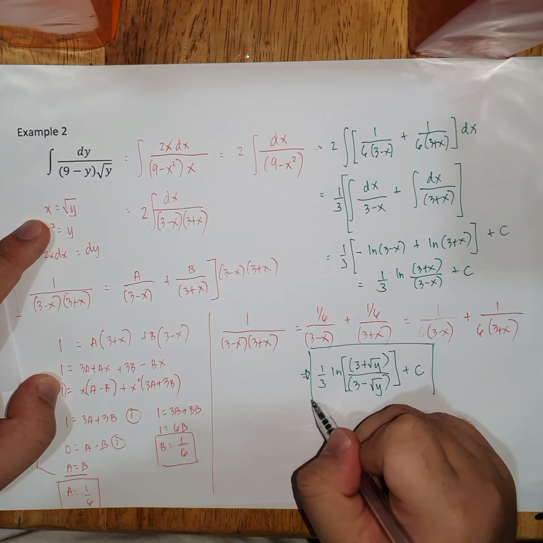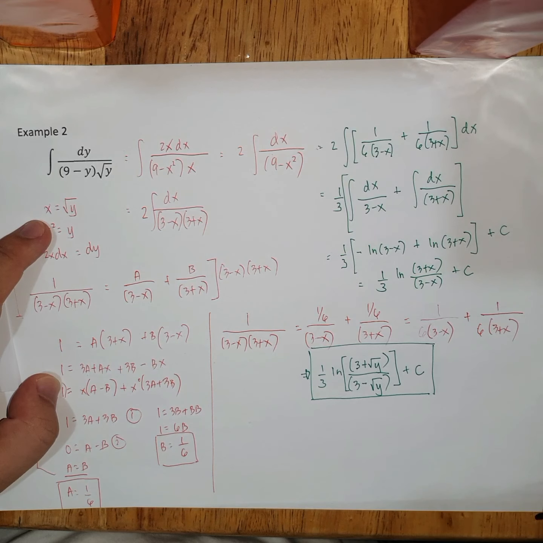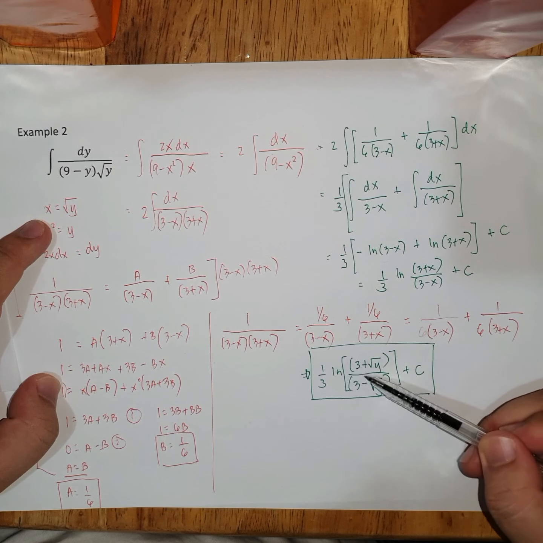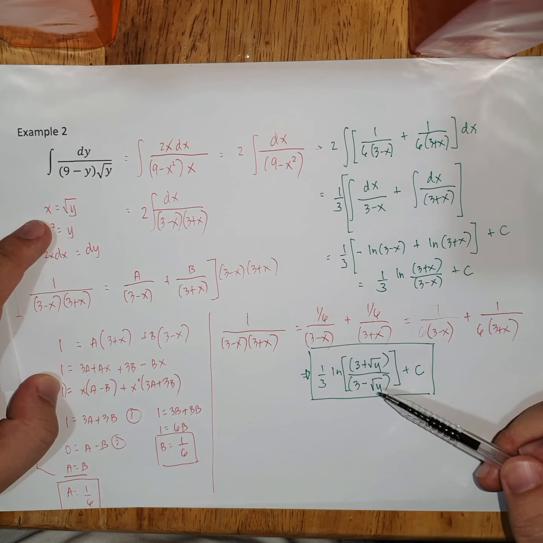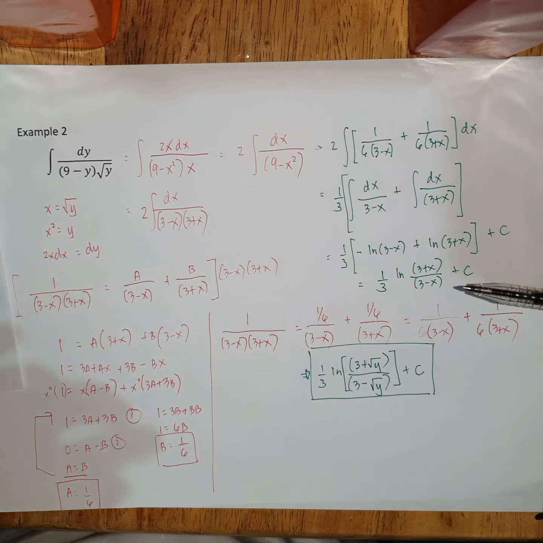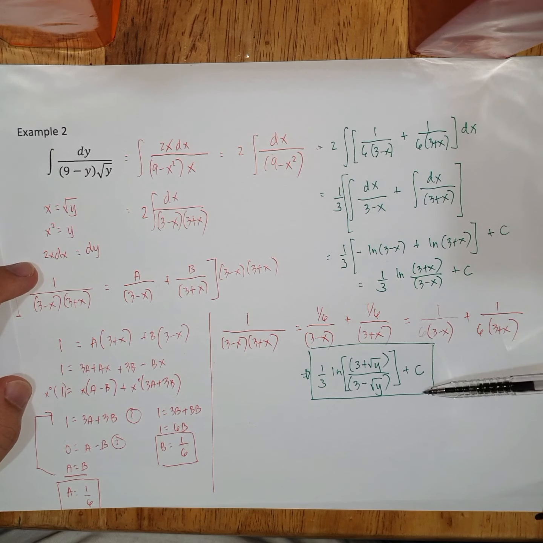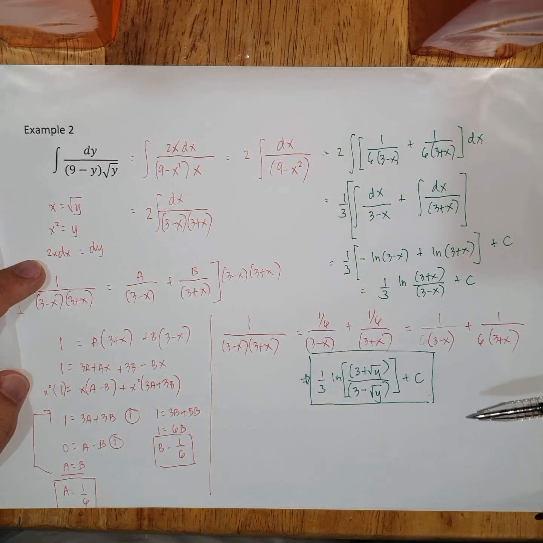Note the correction: the earlier answer had the digits inverted, with a wrong negative sign, so this should be the final answer. The case 2 will be available in the next video.